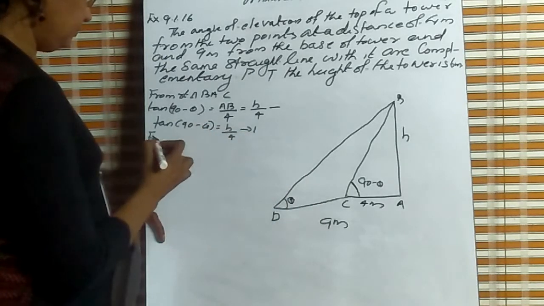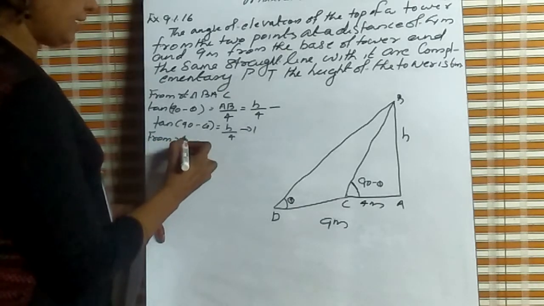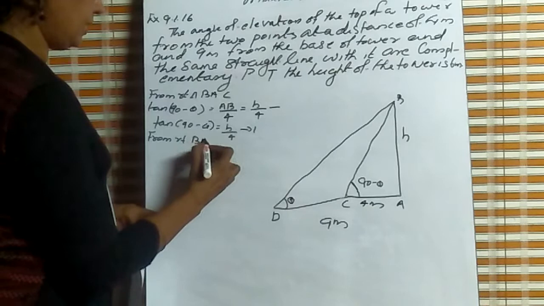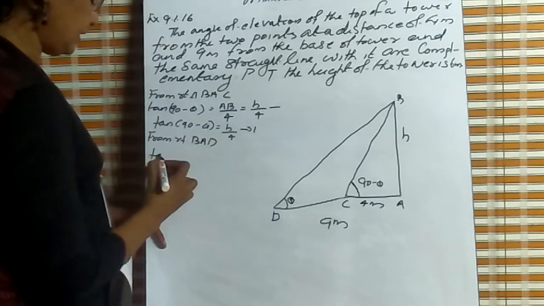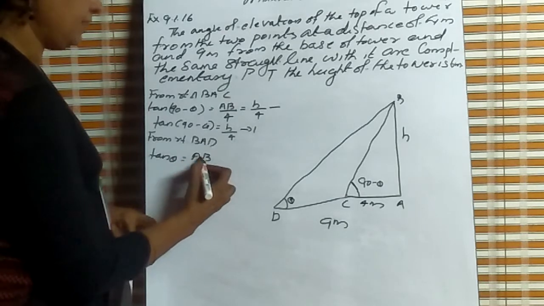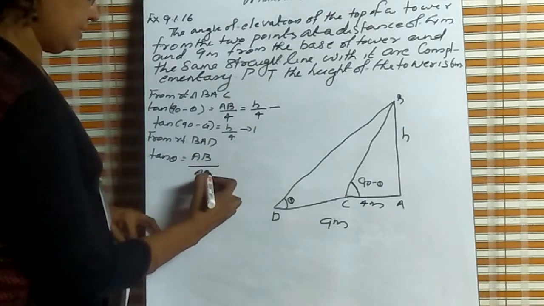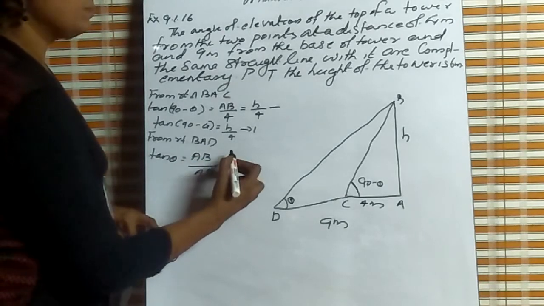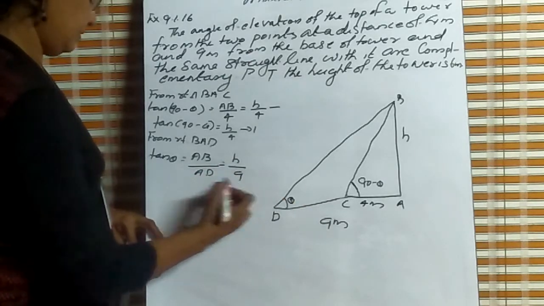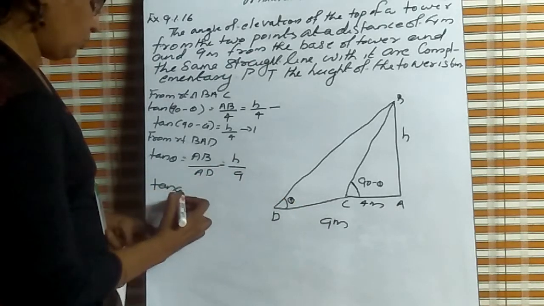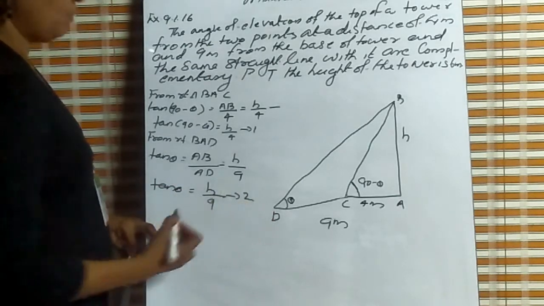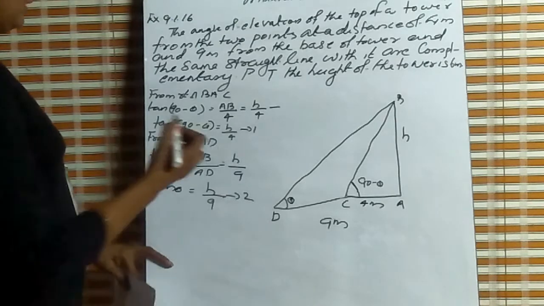Then from right triangle BAD, what is tan theta? Tan theta is equal to opposite side AB by AD, which is h divided by 9. So tan theta is equal to h by 9. This is equation 2. Multiply 1 and 2.